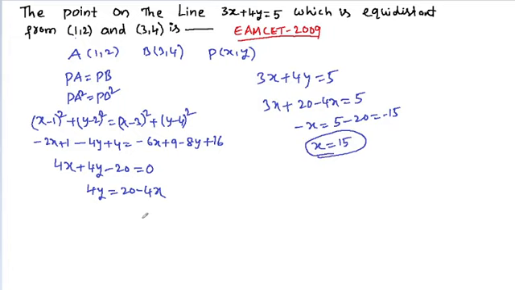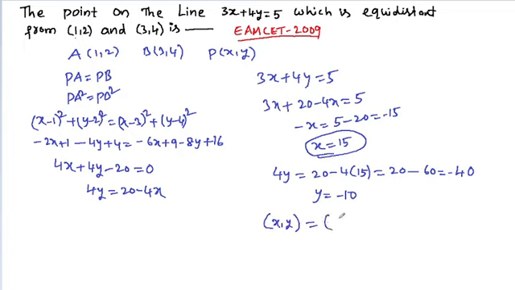Substituting x is equal to 15 in this equation, 4y is equal to 20 minus 4 into 15, that is 60, that is equal to minus 40. Therefore, y is equal to minus 10. Therefore, the point (x, y) is equal to (15, minus 10).